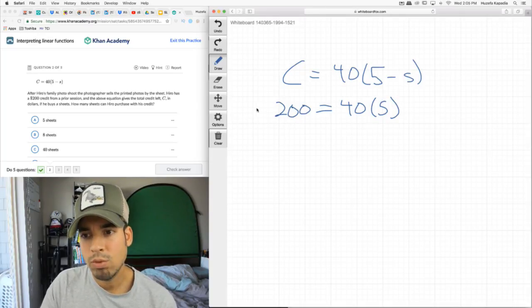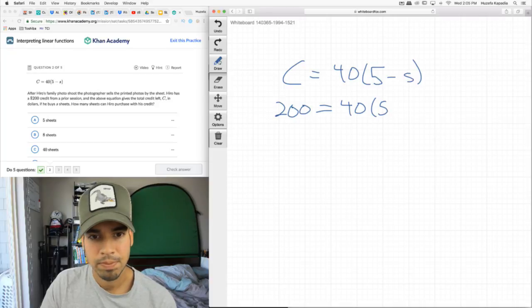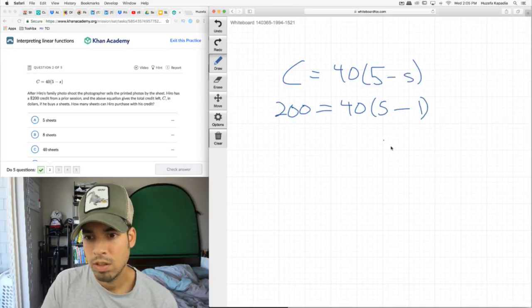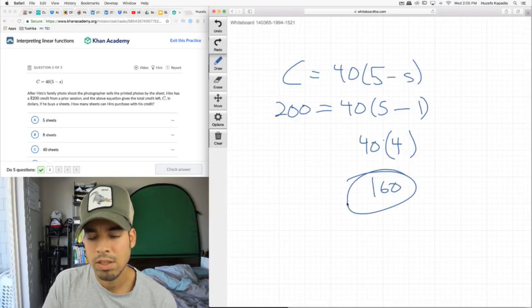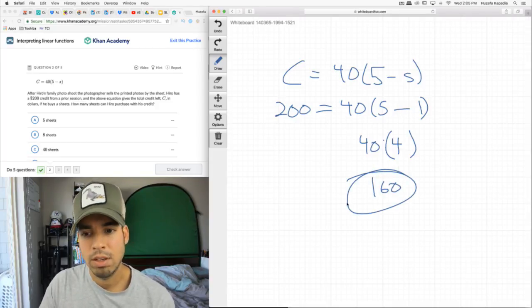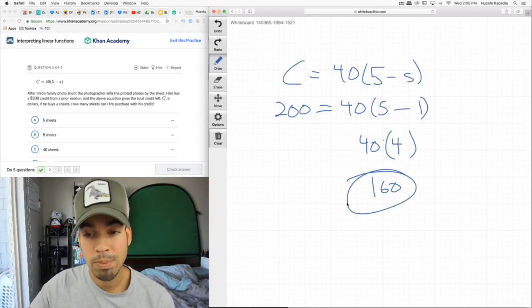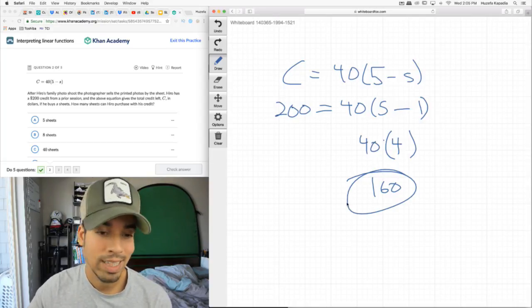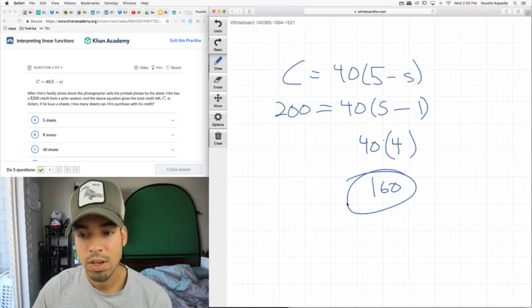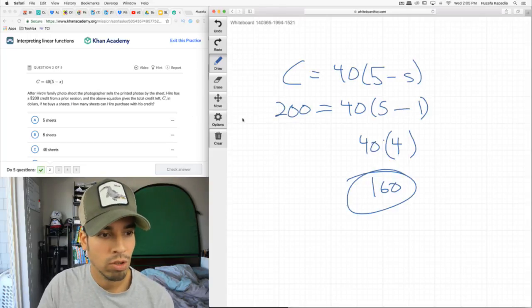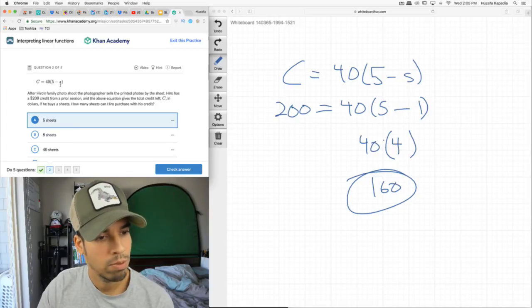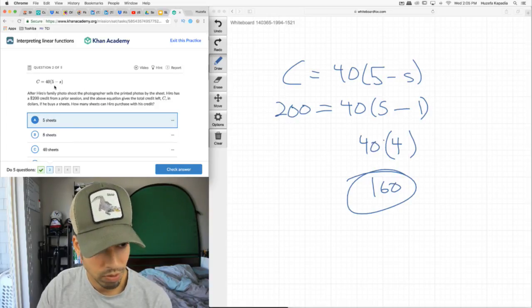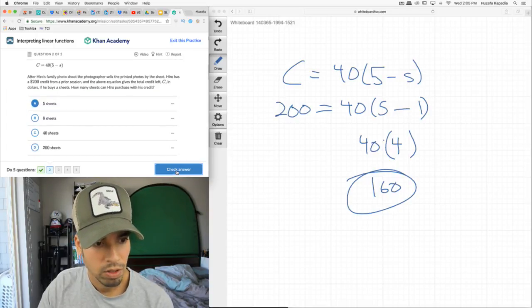So when S equals 1, for example, this becomes 4 times 40, which is 160. So at 1 there'll be 160 left, which means the credit has dropped by 40, which means each one of these sheets costs $40. So we can buy 5 sheets total, and then we'll hit 0 and the credit will be done. After that, even if you plug in 6 here, you'll get negative 1 times 40, which is negative 40. So that should be good.